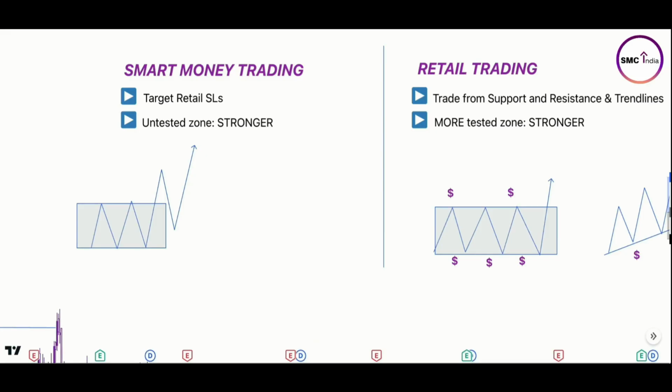So as a smart money trader, you could understand that there is a huge amount of money resting above and resting below. You wait for the price to break this zone so that you could understand the direction of the market.